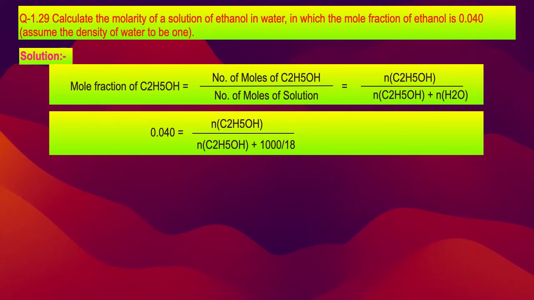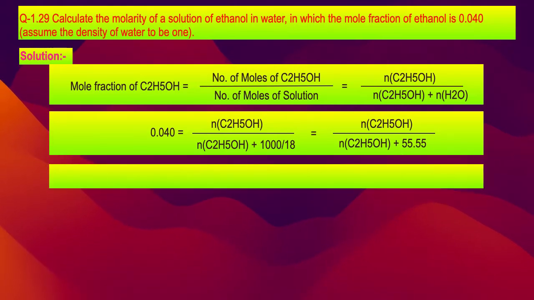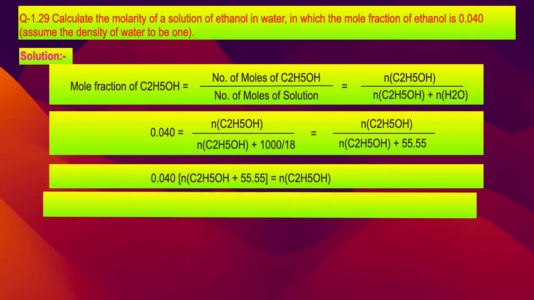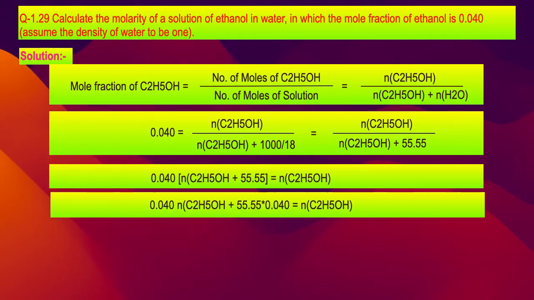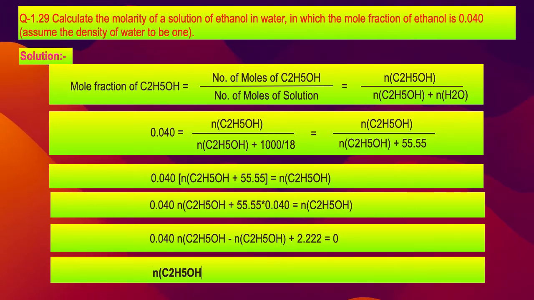It will be the mole fraction of water. Now we will solve this equation for the number of moles of ethanol, and we will get the number of moles of ethanol equal to 2.31.